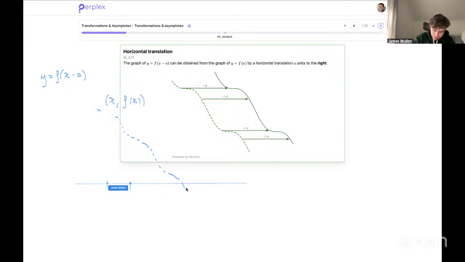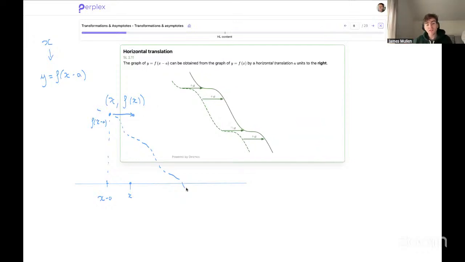So this is x and x minus a. So we go and we find f of x minus a is here. That's f of x minus a, the value. But we are now plugging in x into f of x minus a, which means the x coordinate of this new function that I'm plotting has to just be x, which means I'm going to take this y value that I found, but move it to the x value that I have, which is here.